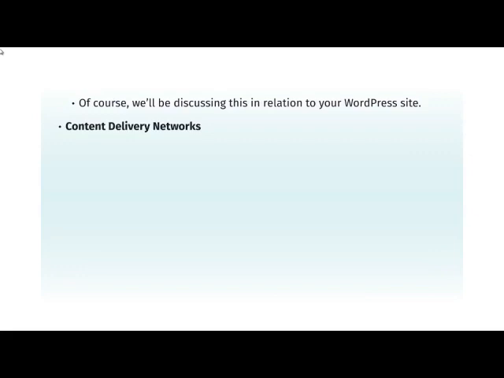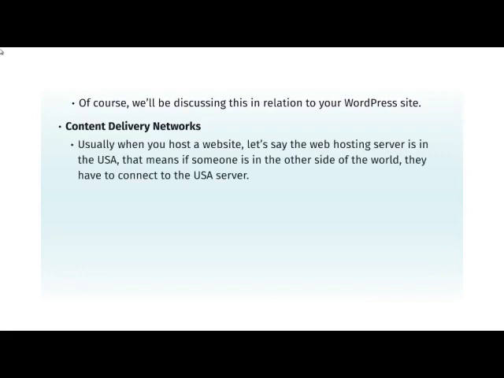The next thing is content delivery networks. And usually what happens here is when you host a website, let's say, for example, that the web hosting server that you put your website on is in the United States.